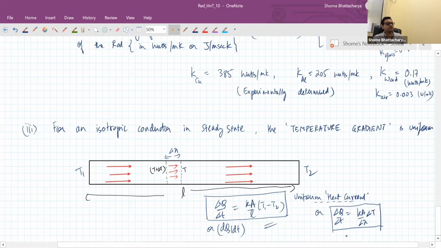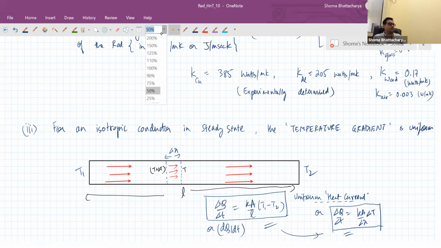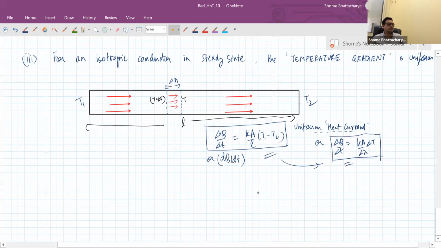So this heat current must be equal to this heat current. The rate at which heat is transferring at any other point is equal to the rate at which heat is transferring through that small section of the rod of thickness delta x. So now comparing these two equations, you can see that delta T by delta x is equal to (T1 minus T2) by L.